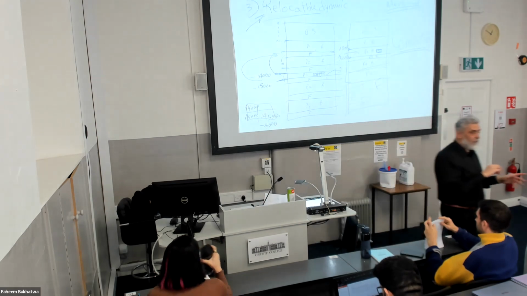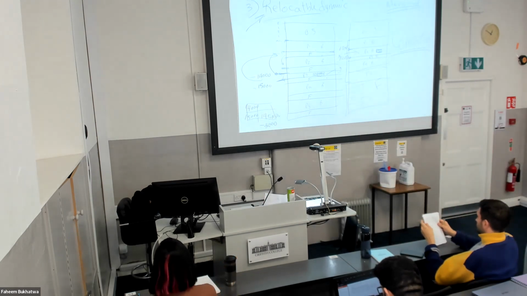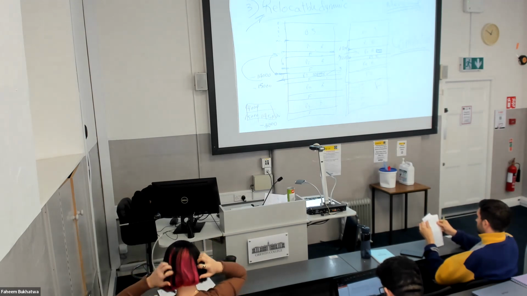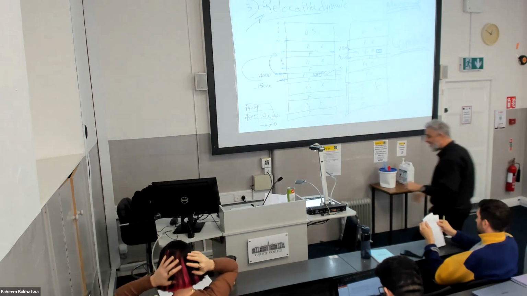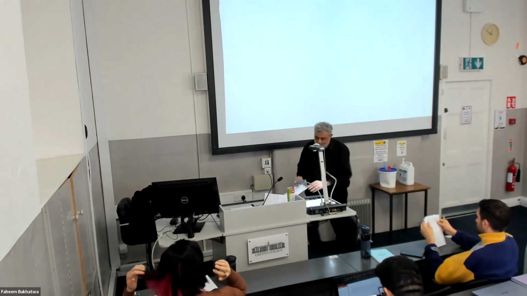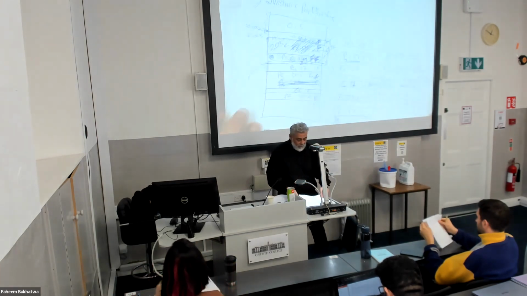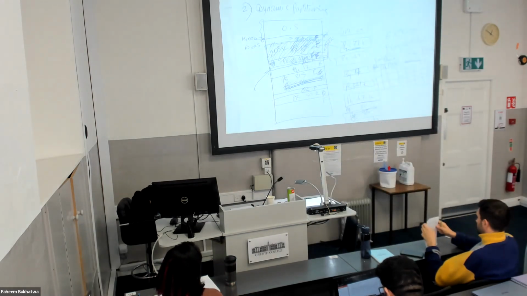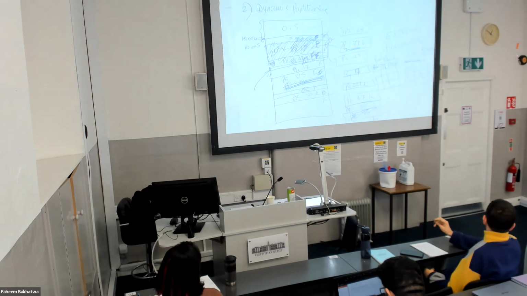Okay? Any other questions? What's the disadvantage of the dynamic partitioning system? That's the second system, not the one before it. What's the major problem with it?